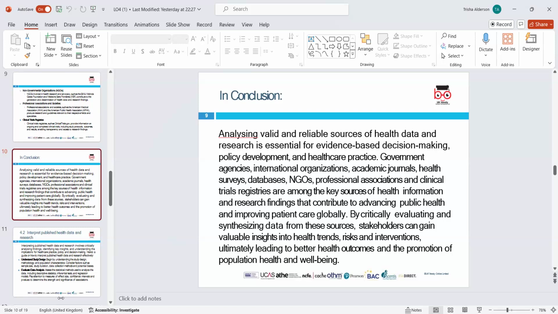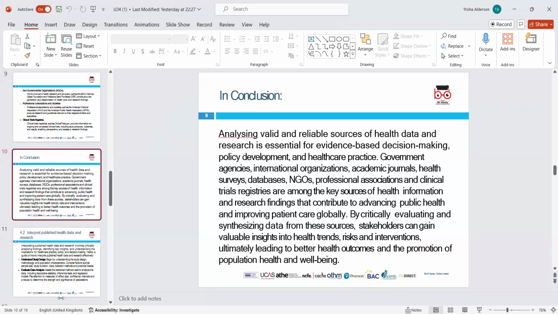Government agencies, international organisations, academic journals, health databases, non-government organisations, professional associations and clinical trials registries are among the key sources of health information and research findings. These all contribute to advancing public health and improving patient care globally. So they're all very, very important.